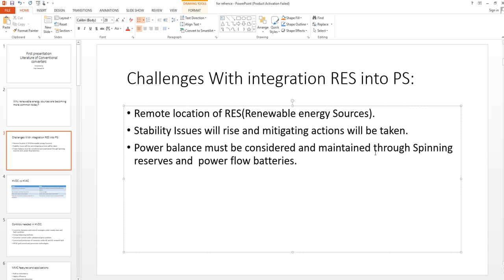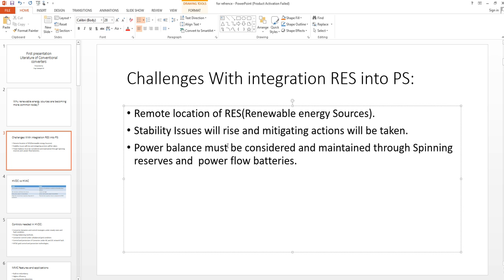Because we know that renewable energy sources such as wind and PV panels depend upon the environment, upon the atmosphere. If there is no air, no power can be generated through wind, or if the sun is not available, we cannot generate power from PV panels. So in that way we have to maintain the power balance, the power demand and the power generated.